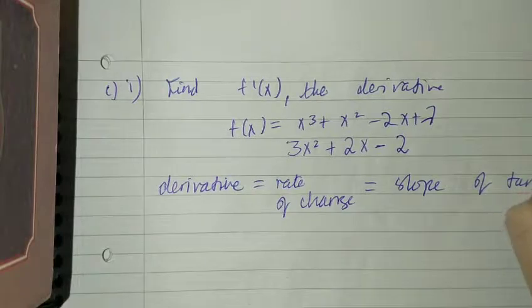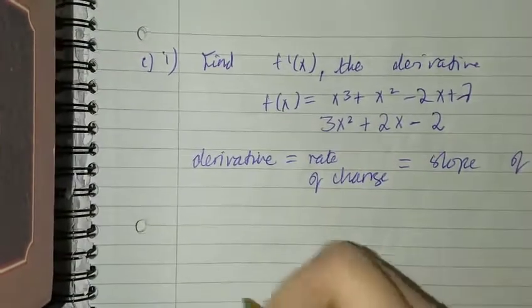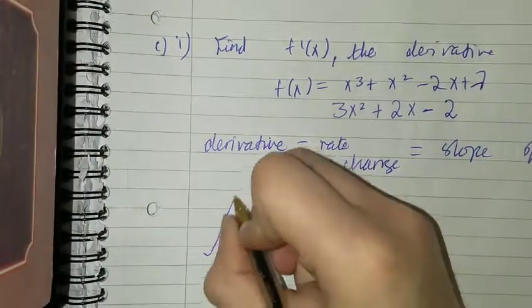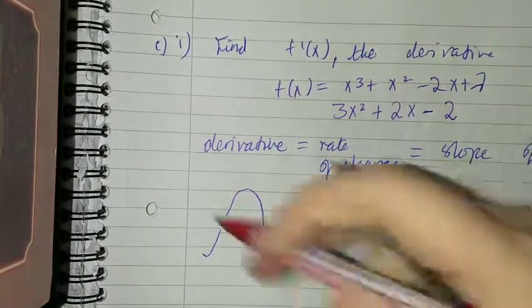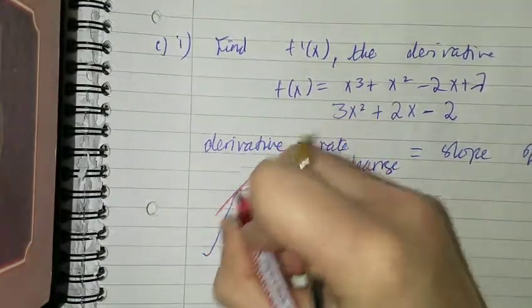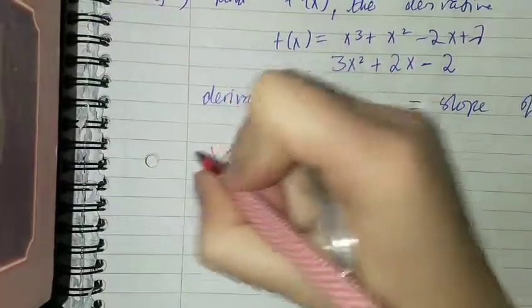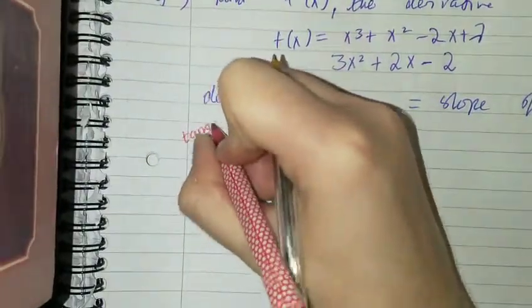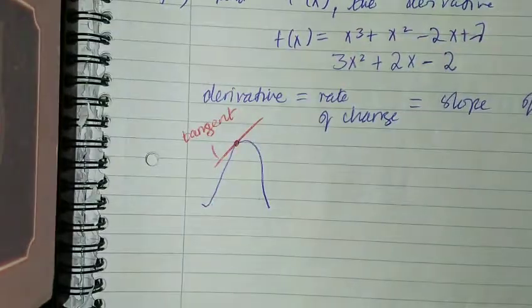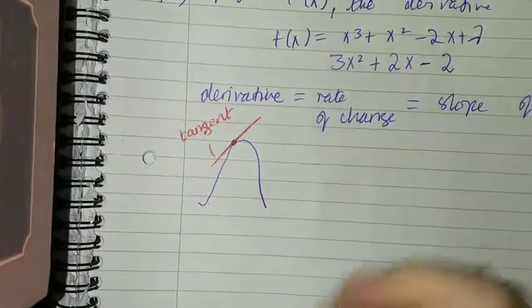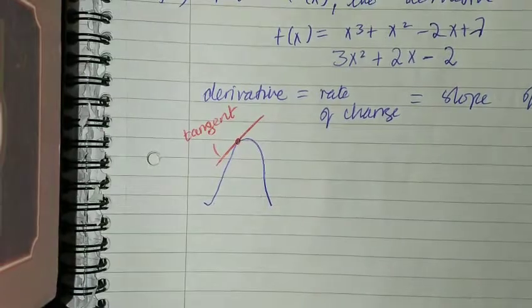Tangent. Say if we have a function here, the tangent is going to be a straight line that touches it at just one point, and it gives the slope of the graph at that point. So the tangent is just what I've drawn in red. So we got the derivative, and we want to get the slope of the tangent.